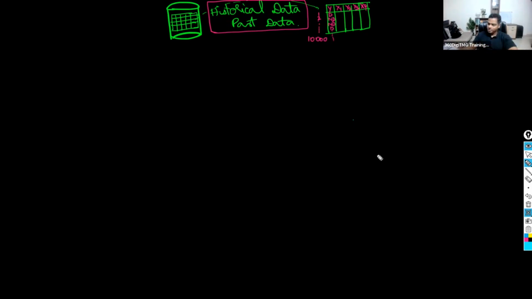So what you'll tell the customer is, you have given me the data, which had 10,000 observations. Out of that, I've split the data into training data set and test data set.